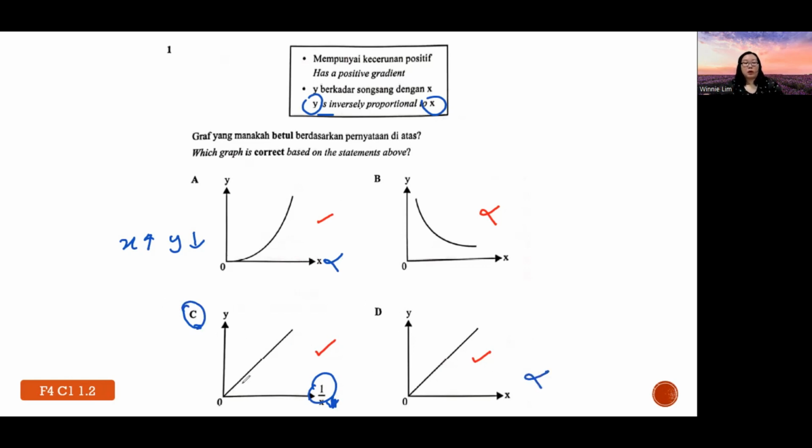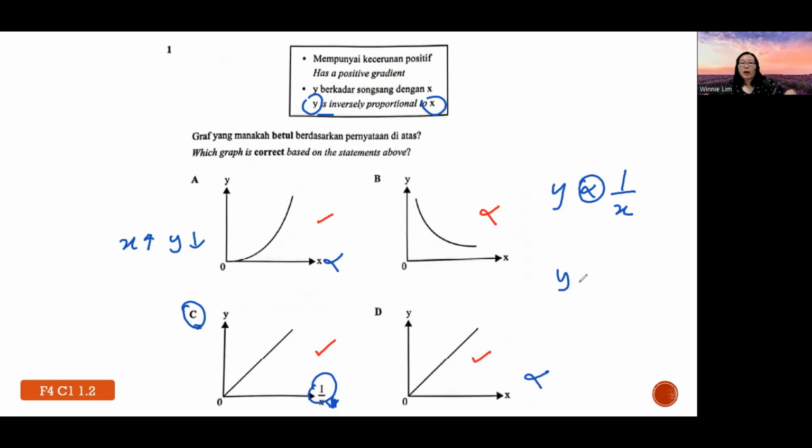When you have this kind of shape, any graph that cuts through zero, we say the relationship is directly proportional. Generally, you see this symbol, and there are two ways to read it. If I read this alone, that means y is directly proportional to 1 over x.